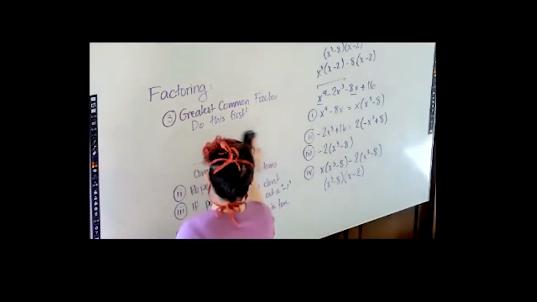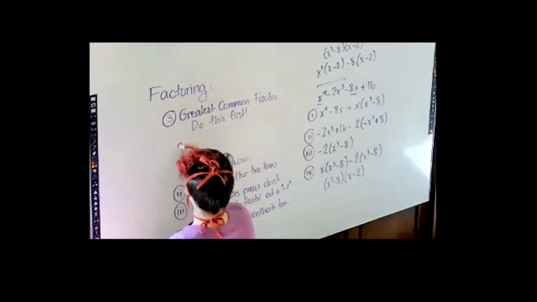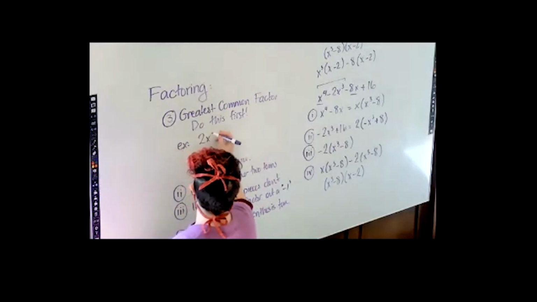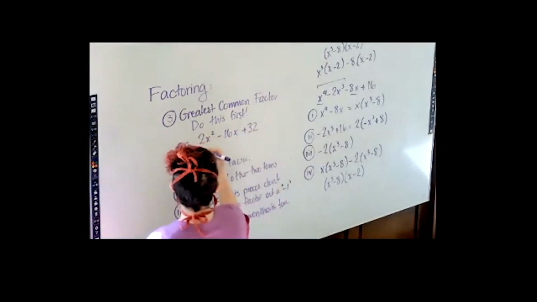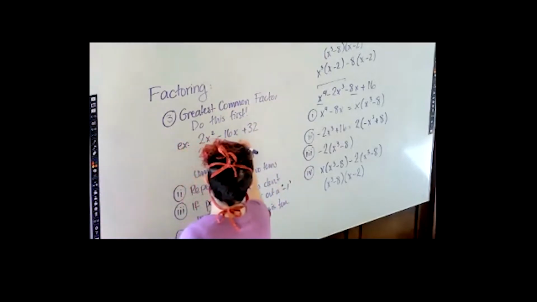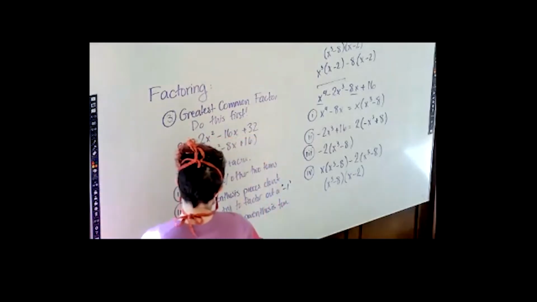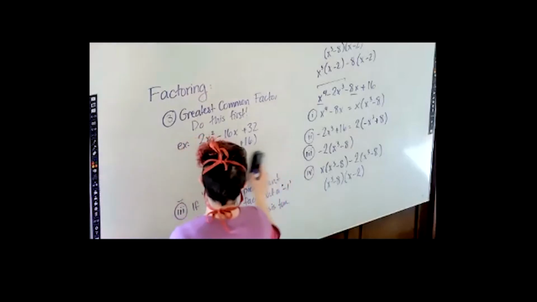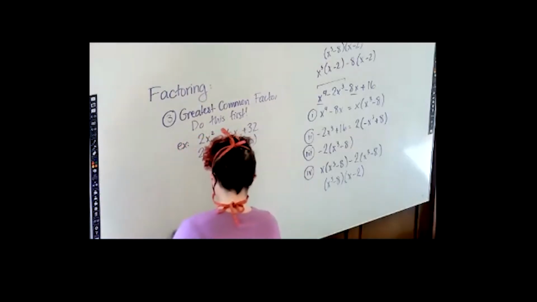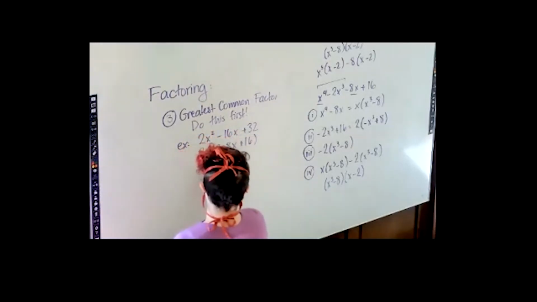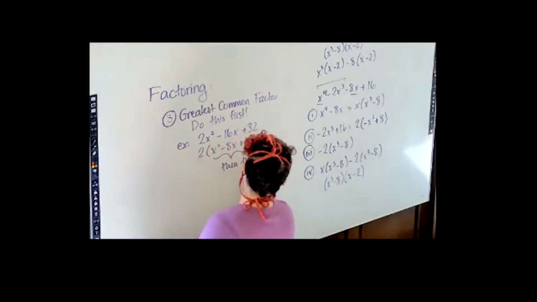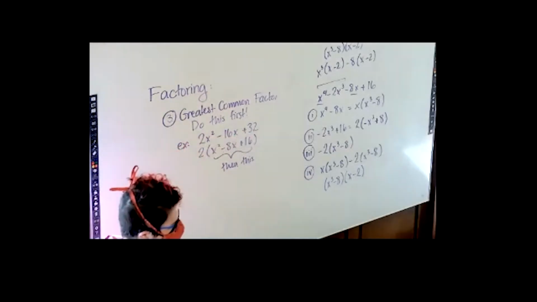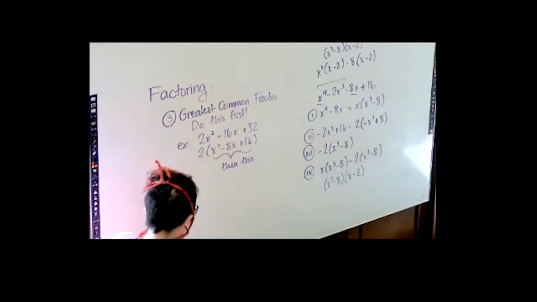If you have 2x squared minus 16x plus 32, do this, and then try and factor that inside bit. Oh, that one works. Hey, I came up with one that works. So do this, and then this. Okay.